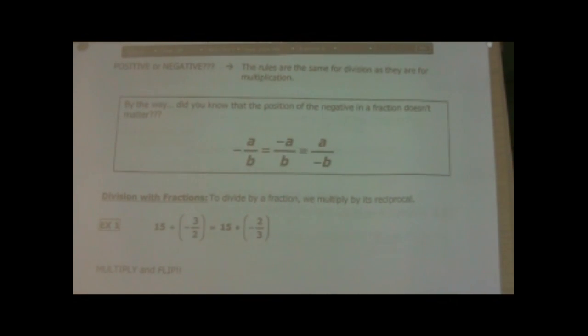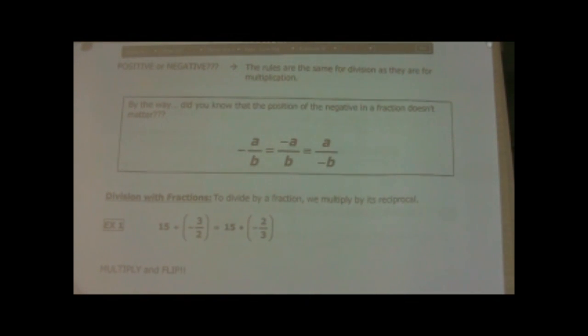Now, let's start out with an example where we're going to do division with fractions, because fractions are where all the issues are going to be. To divide by a fraction, we multiply by the reciprocal. So here's what we've got. 15 divided by negative 3/2 is the same thing as 15 times negative 2/3.